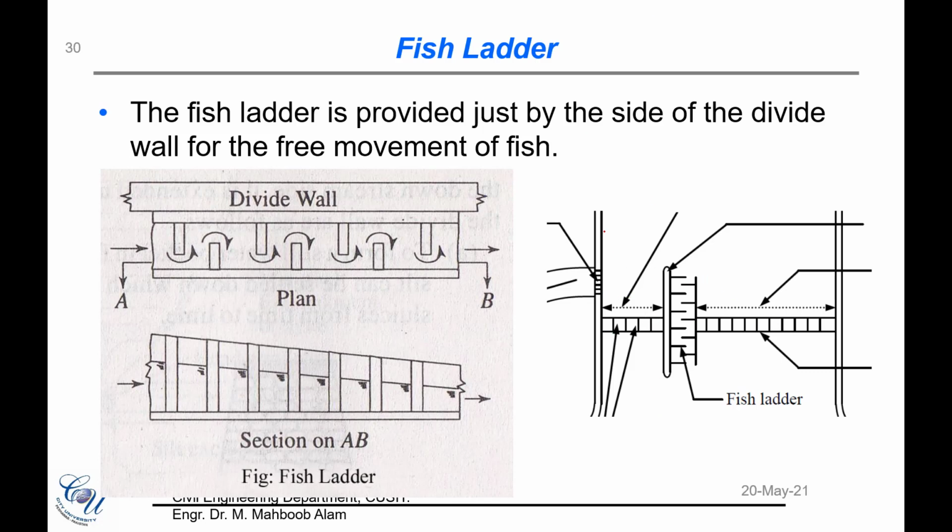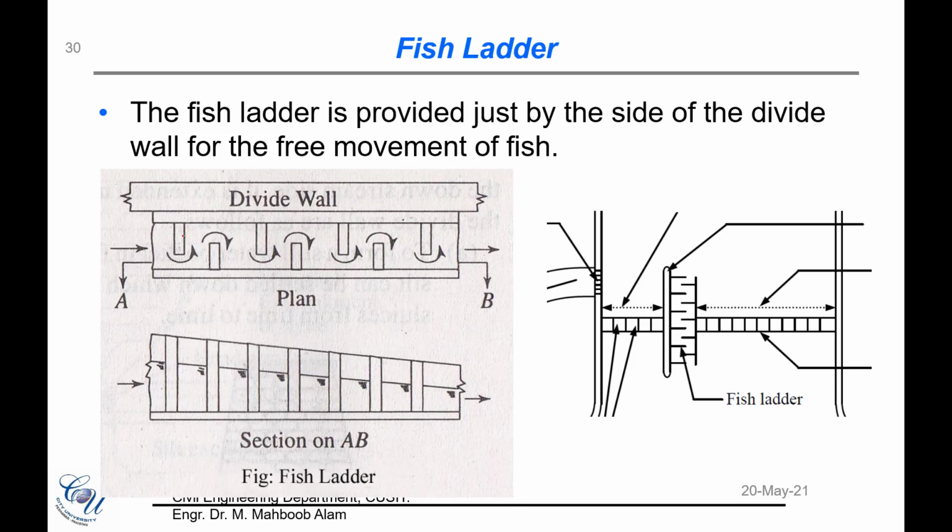Otherwise, if there are no fish ladders, the natural habitat of the fish would be affected, and their usual traveling between upstream and downstream side in different seasons would be affected. So fish ladders are provided so that the fish can move from upstream to downstream or downstream to upstream, whatever the case may be. This is a plan view of a fish ladder.